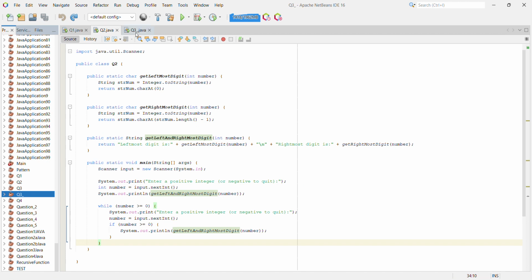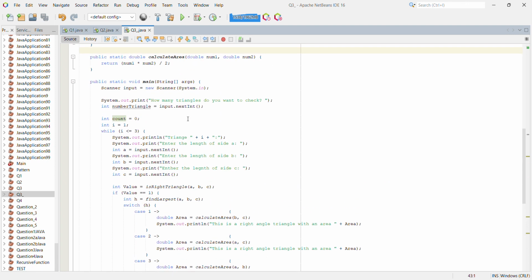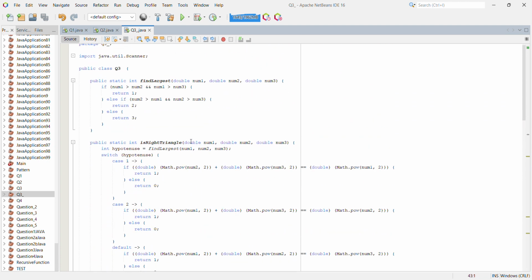Okay, let's move on to the final question. In this question, we will create three methods. The first of these is to return the order of the largest of the three numbers entered.